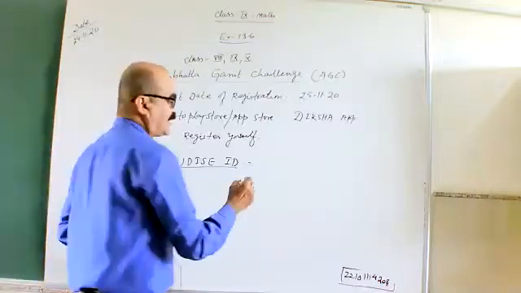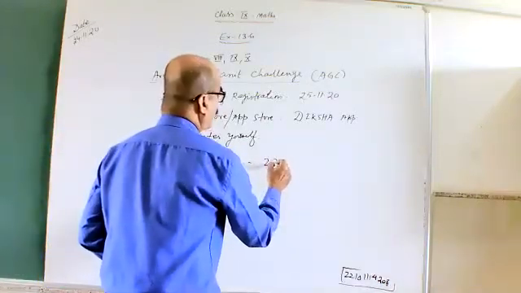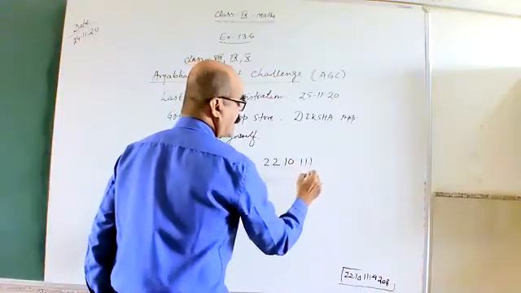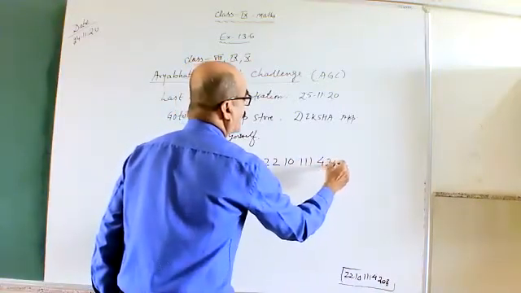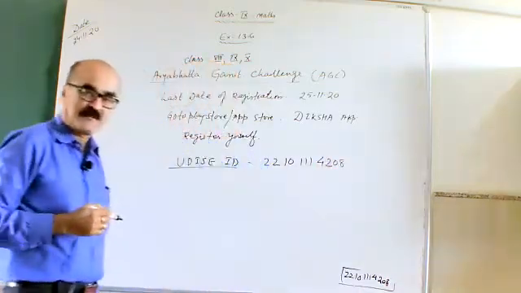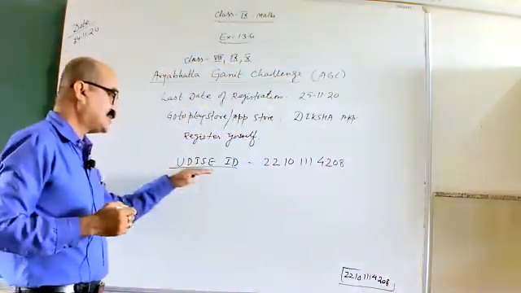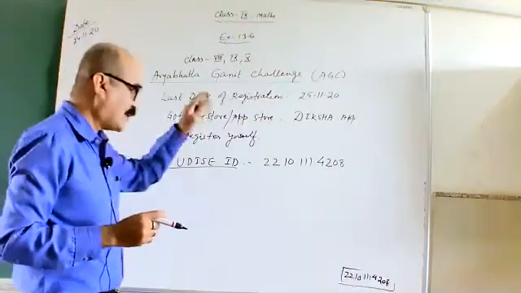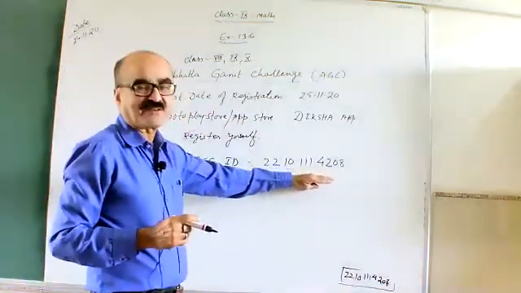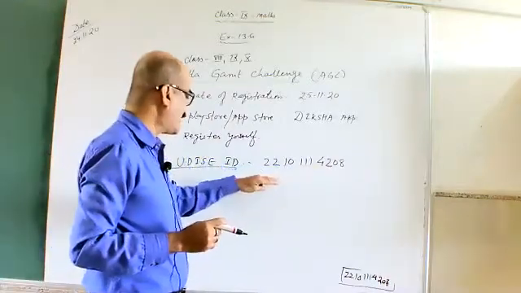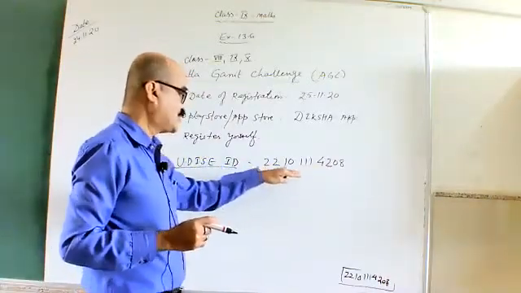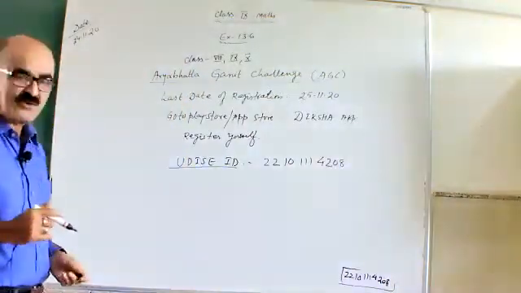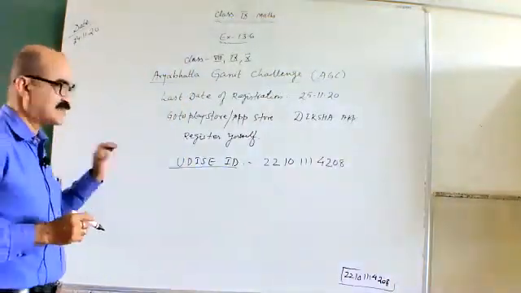In that case you write 2210111420. Please note down this UDISE ID. तो UDISE ID आपको वहां पर मांगेगा, तो आपको ये वाला UDISE ID लिखना है. This is our school's ID, 2210111420. You have to fill this UDISE ID and register yourself.